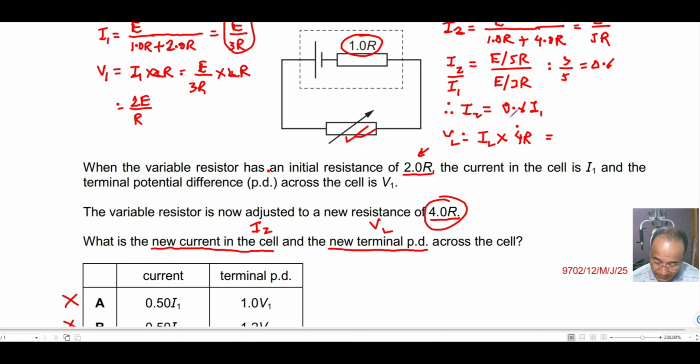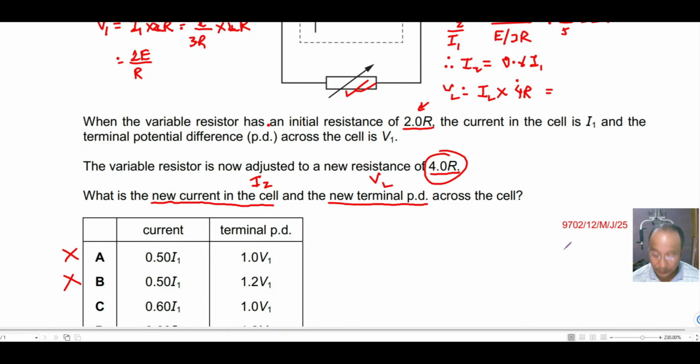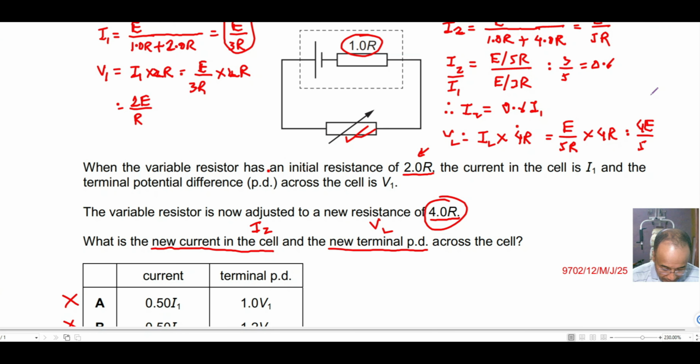I2, as we have got here, was E by 5R, so it is E by 5R into 4R, and that's equal to 4E by 5. So V2 is equal to 4E by 5, and V1, this is not R actually, this is 2E by 3.